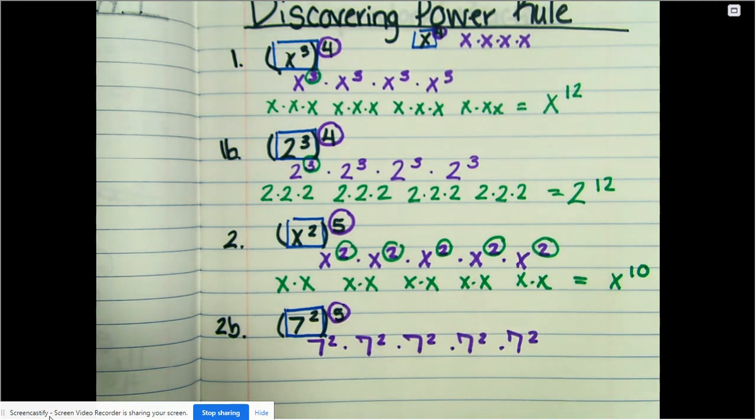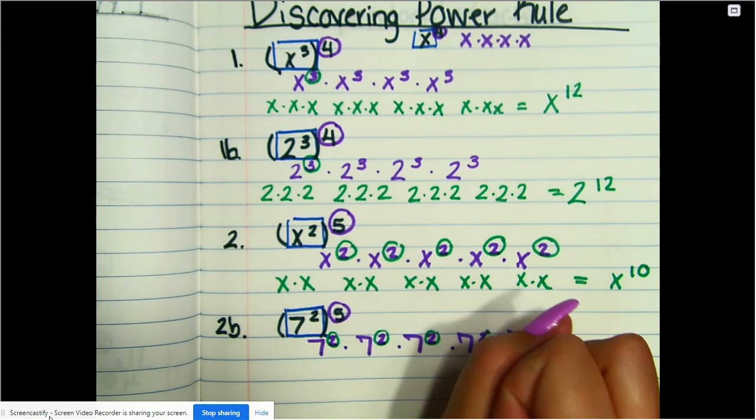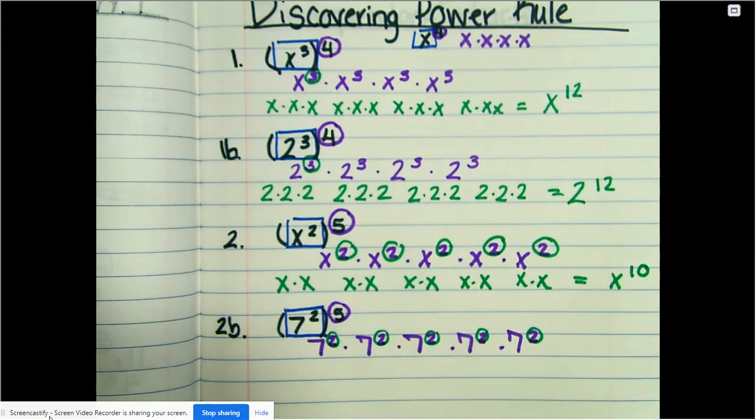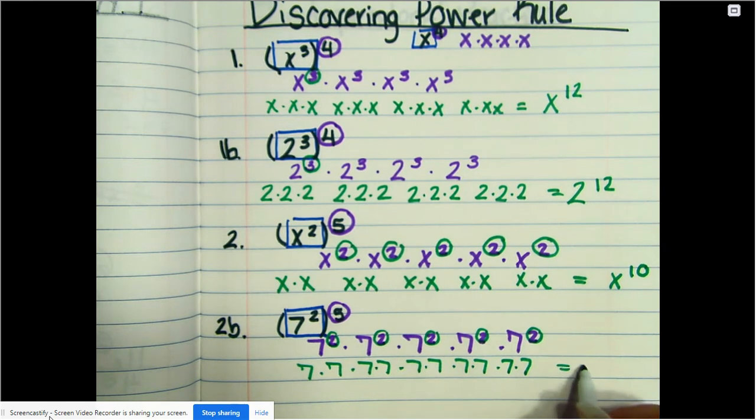Okay. And then from there, we write out 7 twice, 5 times. Okay. 7 times 7, 7 times 7, 7 times 7. 1, 2, 3, 4, 5, 6, 7, 8, 9, 10. I have 10 sevens, 7 to the 10th power.